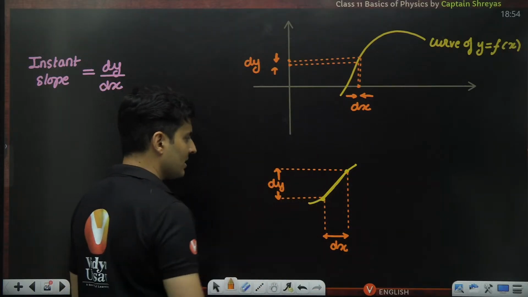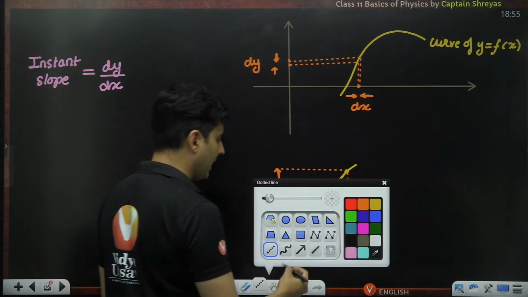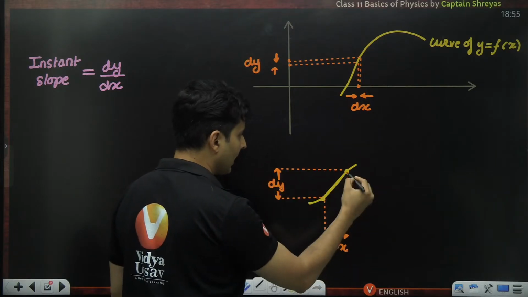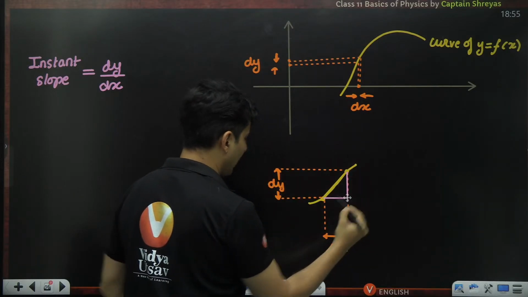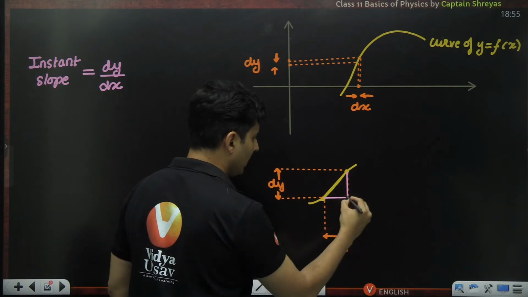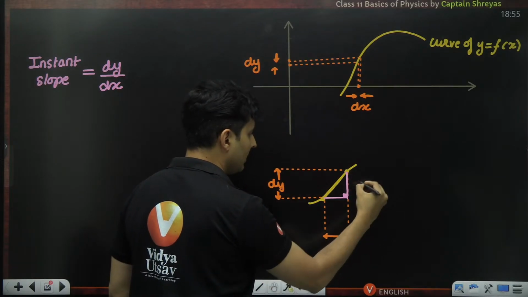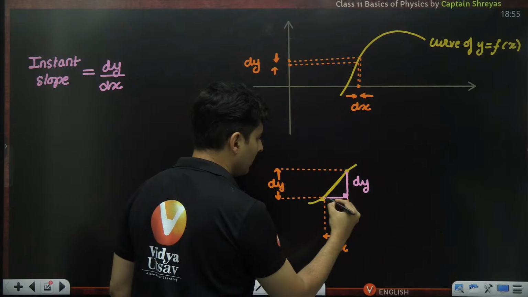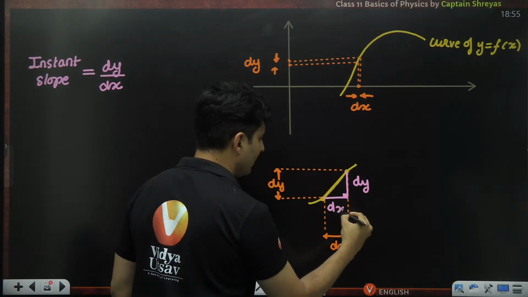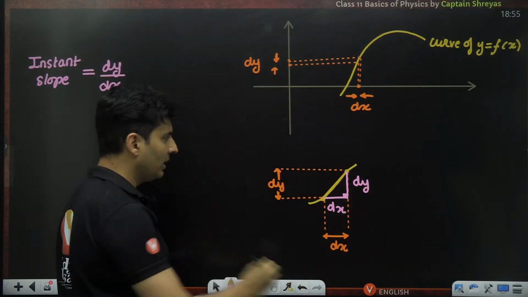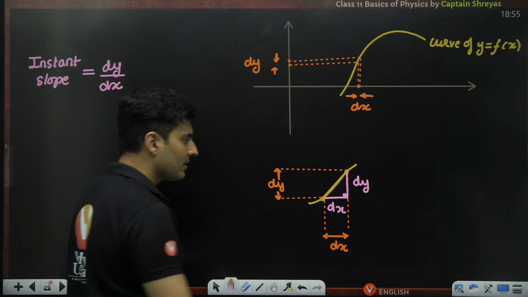How about constructing a triangle like this, a right angle triangle? Okay, a beautiful right angled triangle. So the height of this triangle will be dy and the base of this triangle will be dx.